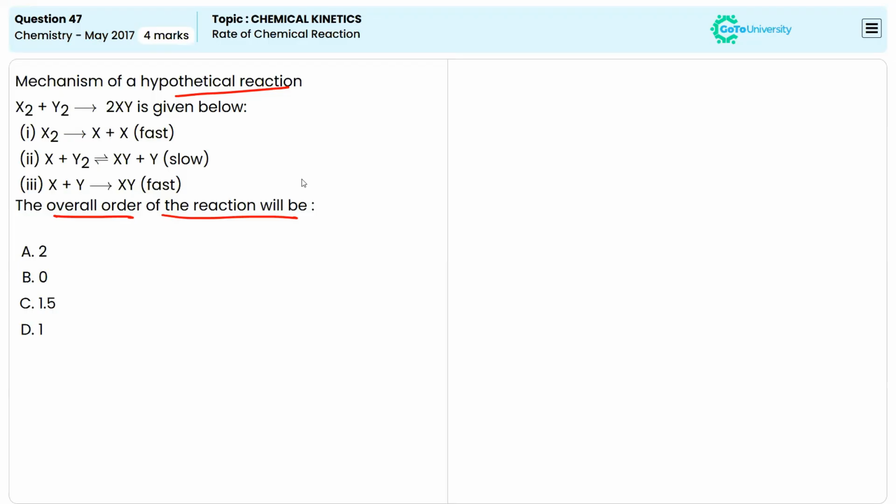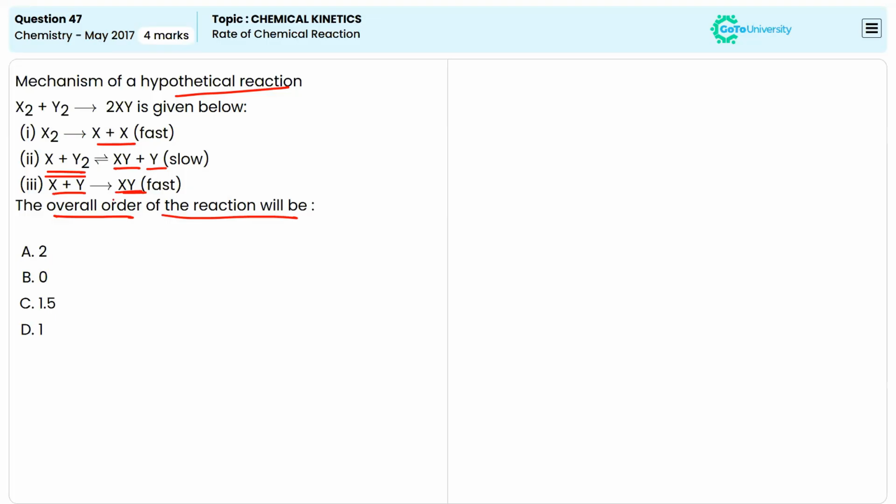But for a multi-step process, it will depend on the slowest step. Here we have three different steps. First one is X2 converting into two X atoms. In the second one, X combines with Y2 and produces XY plus Y. The third step, X and Y combine together to produce XY. So what is the order?